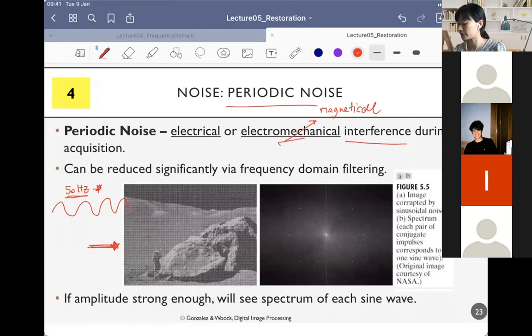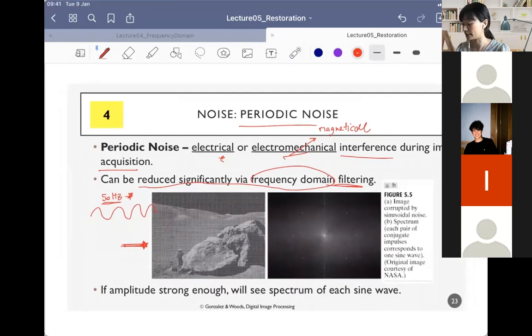Or it could be some sort of electromagnetic interference during the acquisition, maybe affected by some other EM source, some other type of wave, not only electrical interference. So in this case, definitely we will reduce it using frequency domain filtering. Yeah, we're going to do this one as well.